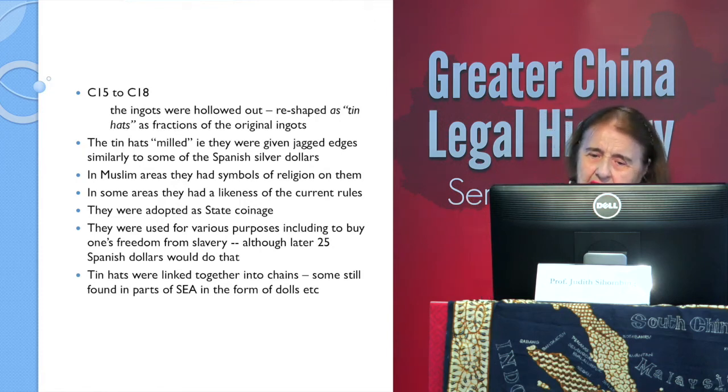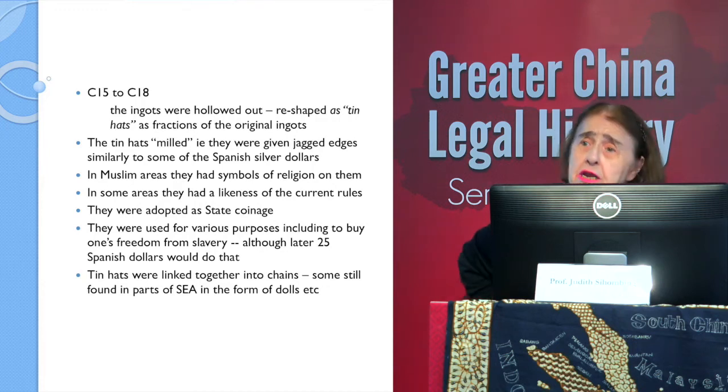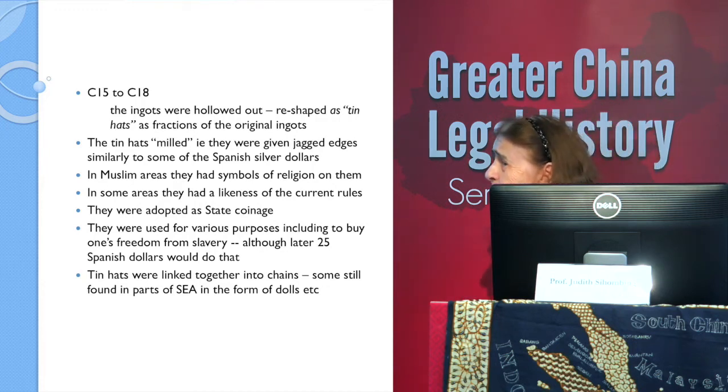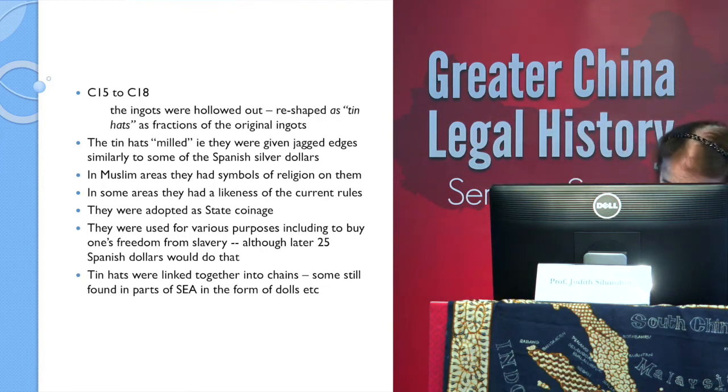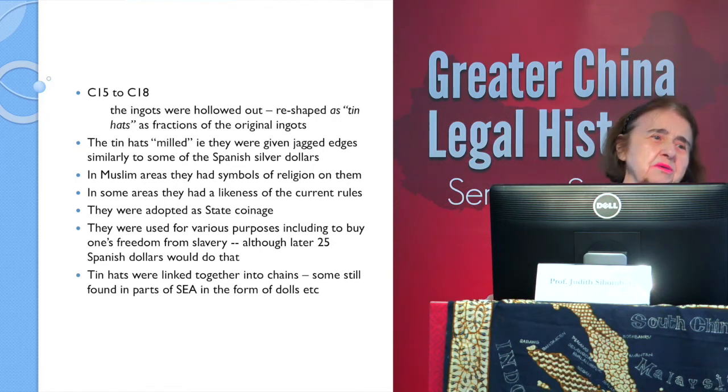Muslim areas, they had symbols of religion imprinted onto the coins or likeness of the ruler, and they were state coinage. And it only took, later on, 25 Spanish dollars to buy freedom from slavery. Thought you'd be interested in that. Not too expensive.